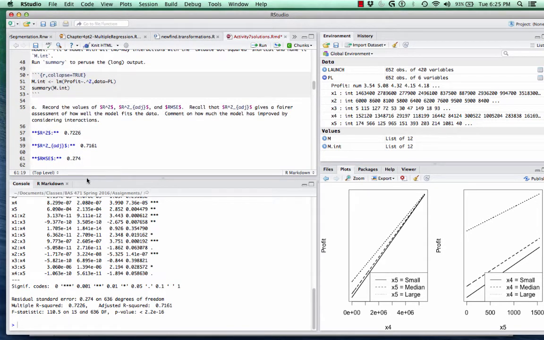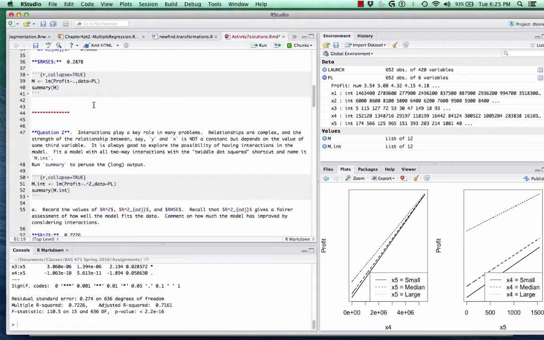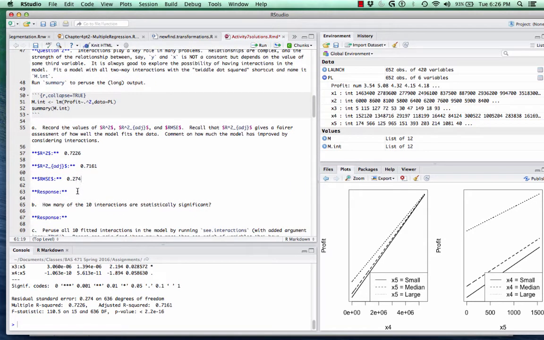The root mean squared error tells us the typical size of the error that the regression is making, and we see that it has decreased just a little bit, from 0.29 to about 0.27, a slight improvement. The values of profit vary between about 3 and 5 or so, so making the error go down from about 0.29 to 0.27 is nice, but not a huge, amazing improvement.